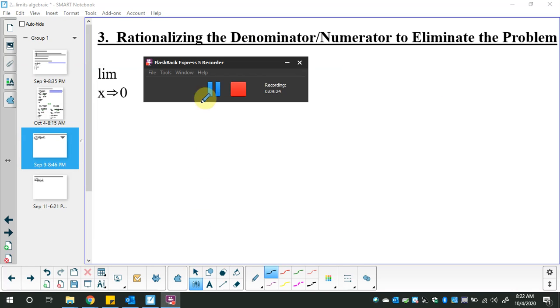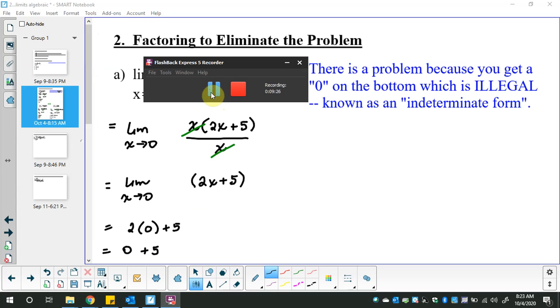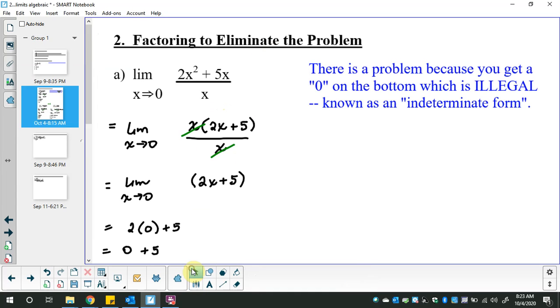So I'm going to take a little break. So I typed this into Desmos so that you could see the graph of y equals 2x squared plus 5x all over x. Now, a reminder that this is a rational function. So this could have vertical, horizontal, oblique asymptotes. It could have holes.